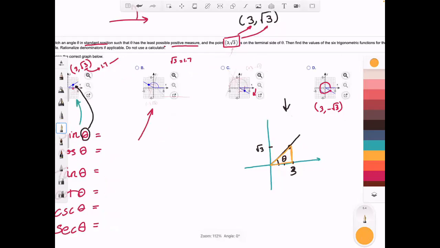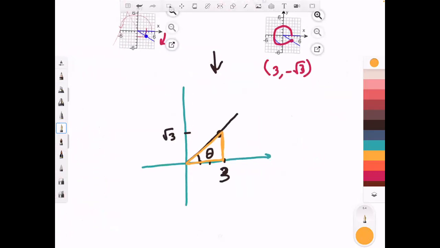So this right triangle, the value of y is radical 3. The value of x, this length, is 3. In order to solve it, we have to use the Pythagorean theorem to get the hypotenuse here. I'm going to call this one c, for example.